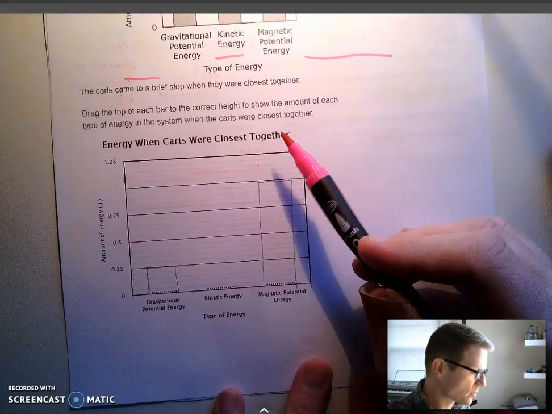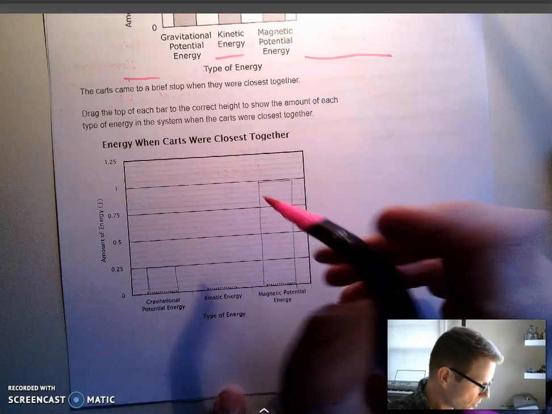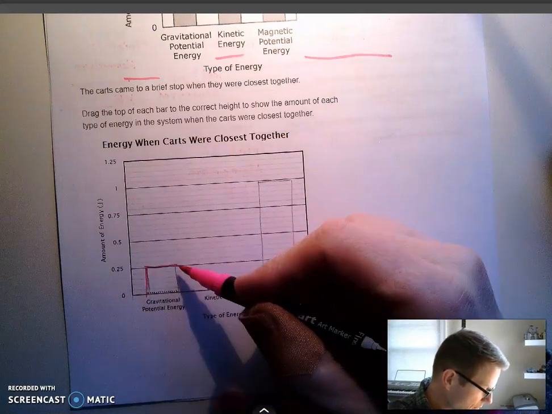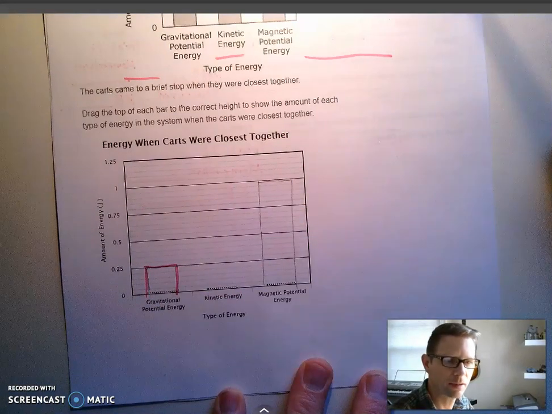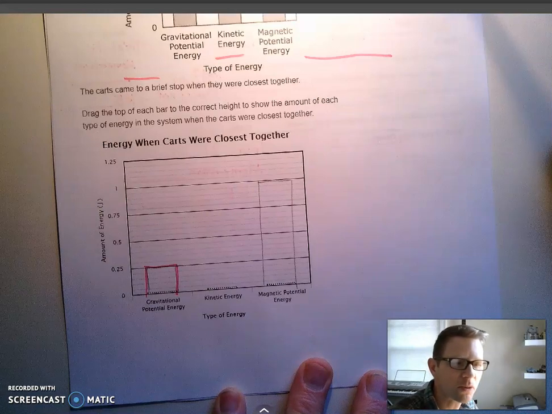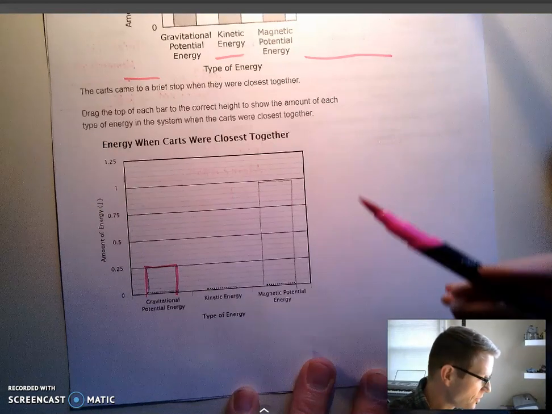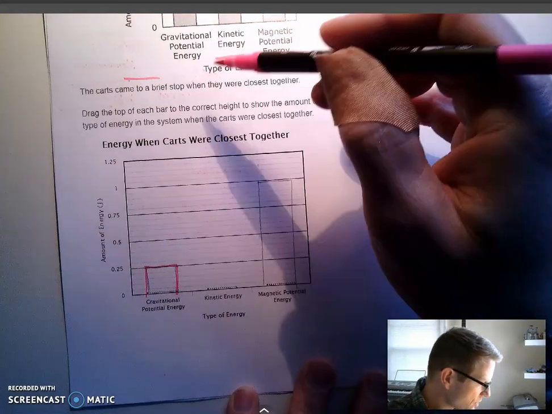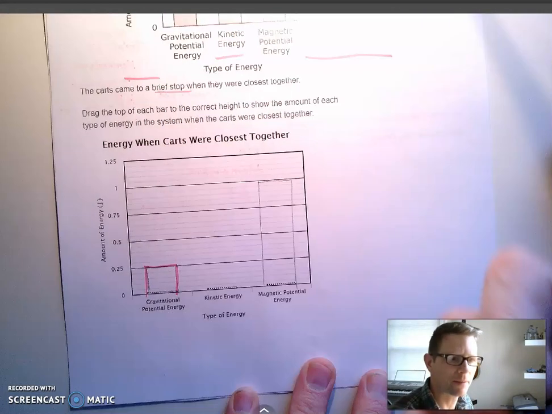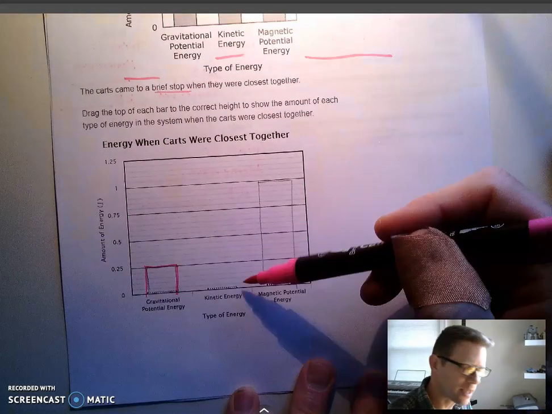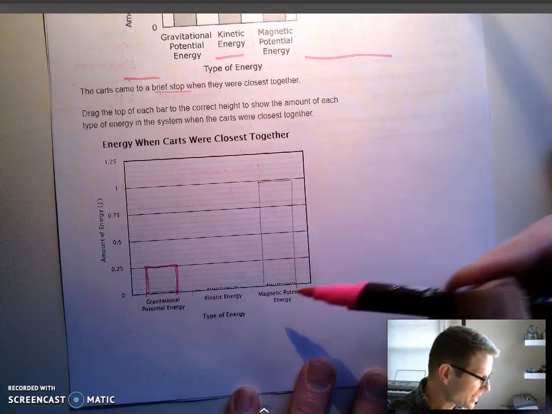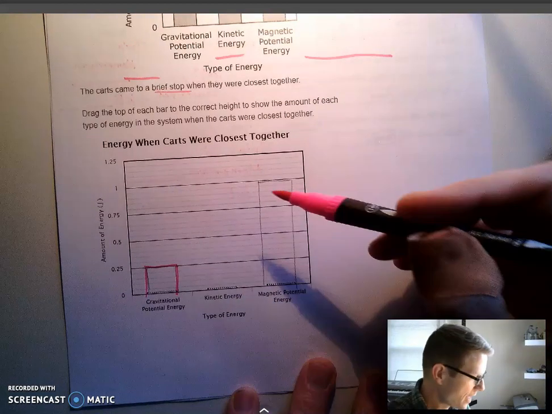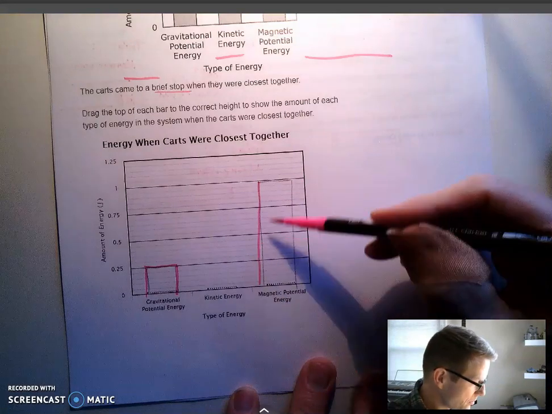Then they ask, when the carts are closest together, what's the energy? The gravitational potential has to stay the same because they don't change height. The kinetic energy goes to 0 because it even tells you that the carts come to a brief stop. So there's no kinetic energy. The magnetic potential energy has to be 1.